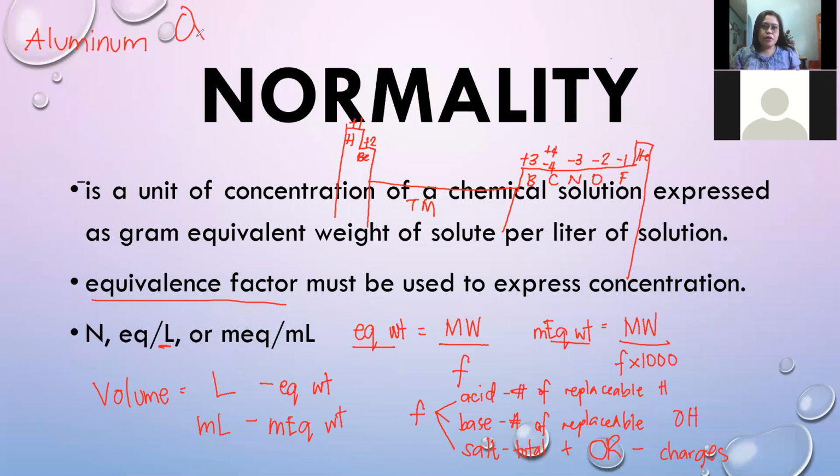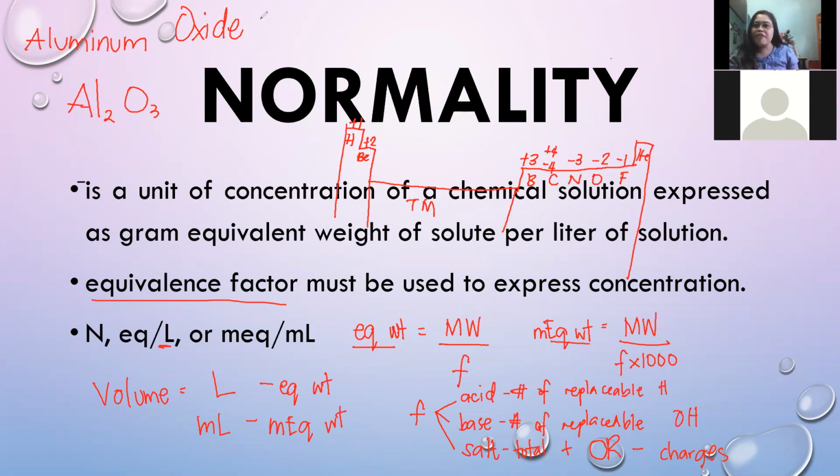Let's have aluminum oxide first. Aluminum oxide. So pag ihatag na ko ang chemical formula ni aluminum oxide, it's Al2O3. Again, Al2O3. This is the chemical formula of aluminum oxide.